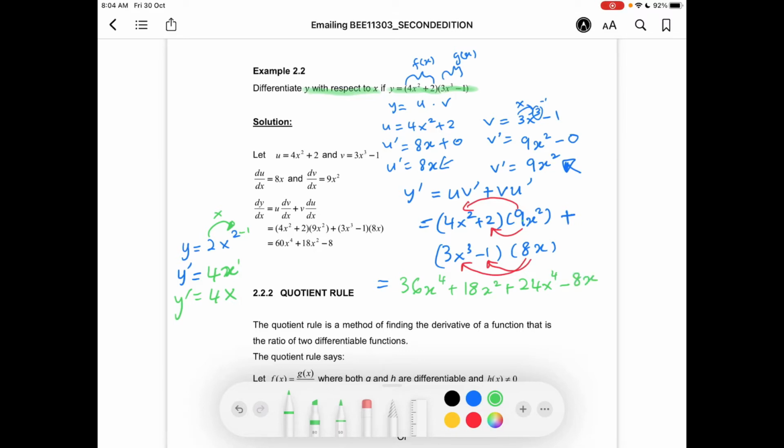So try to rearrange this. 36 plus 24, you will get 60x to the power of 4. This one is done, plus 18x squared, minus 8x.